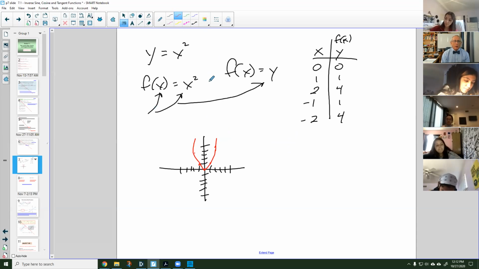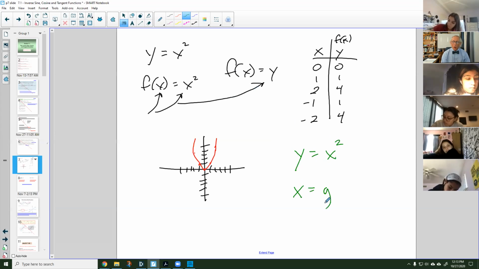An inverse function, this is where you have to listen carefully. An inverse function, all it means is that I am switching the x's and the y's. So if I have the function y equals x squared, the inverse of that function is going to be x equals y squared.